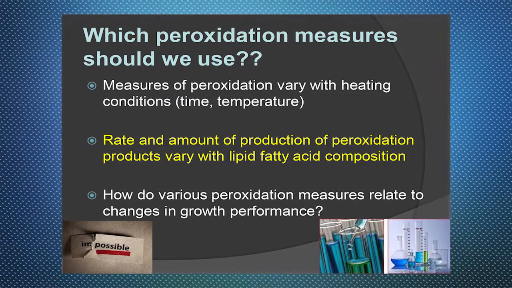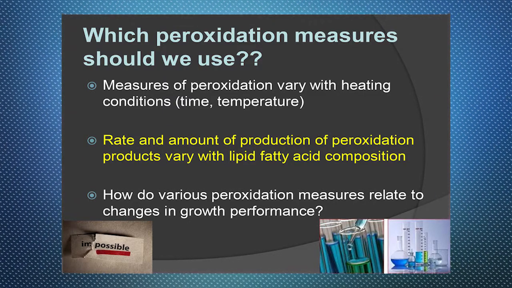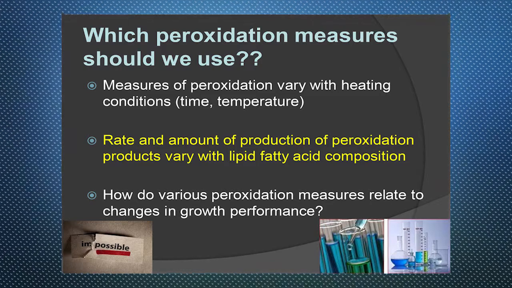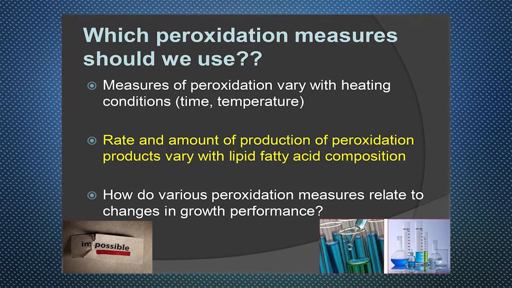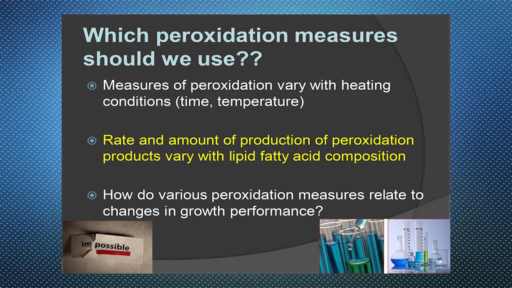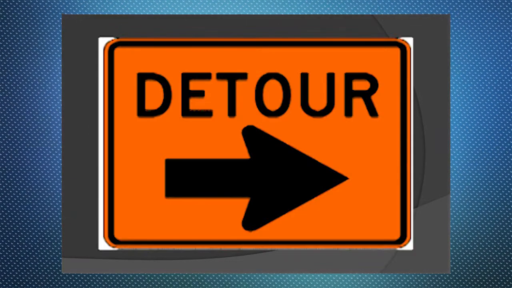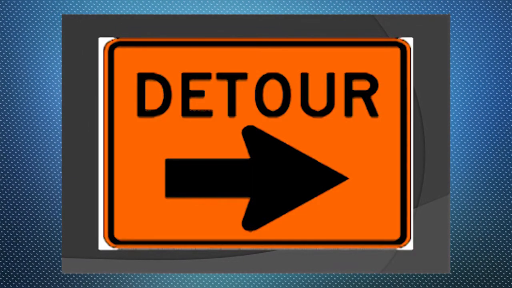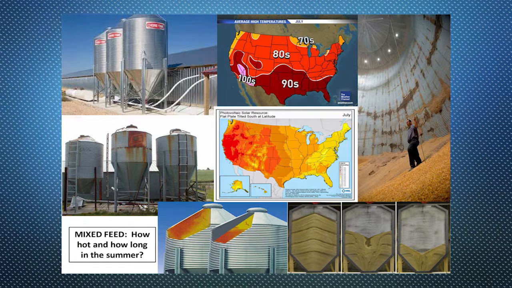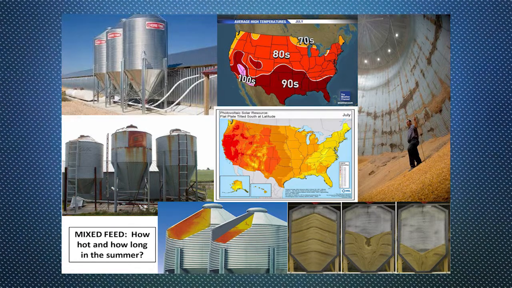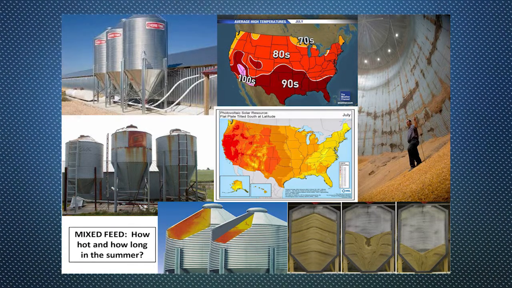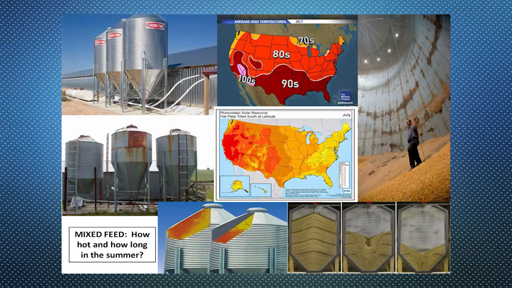So what to measure? That's a question. It's going to vary with, as you'd expect, your fatty acids or your fatty acid components. And does it really matter? What can we relate it to? A little quick detour when I was thinking of temperatures. I remember when I started this, what's the temperature of grain bins? Grains or feeds in grain bins.